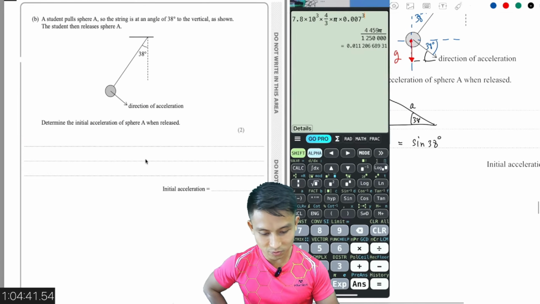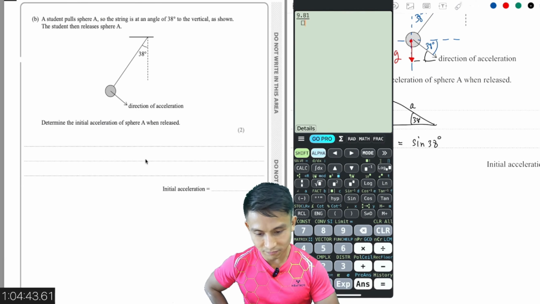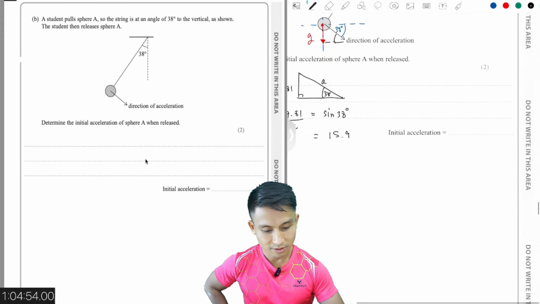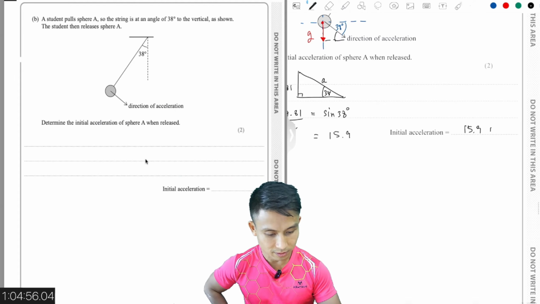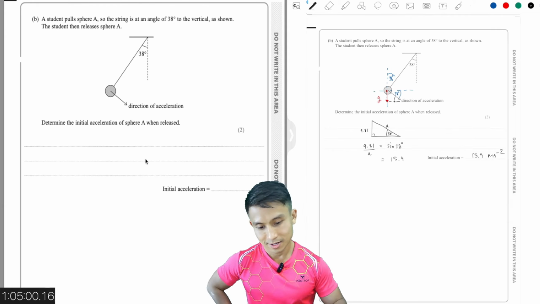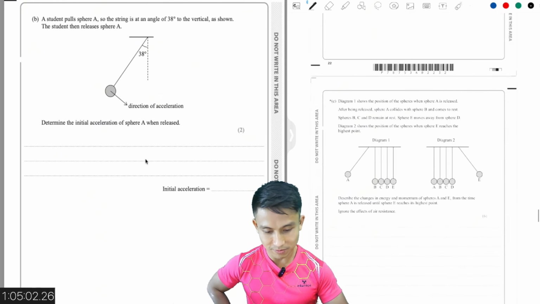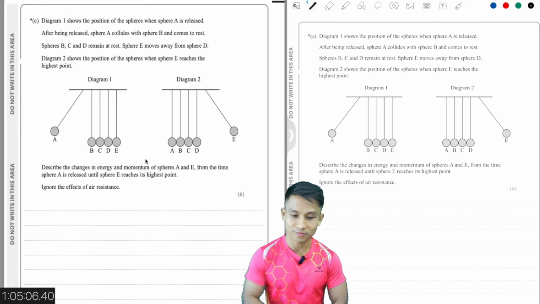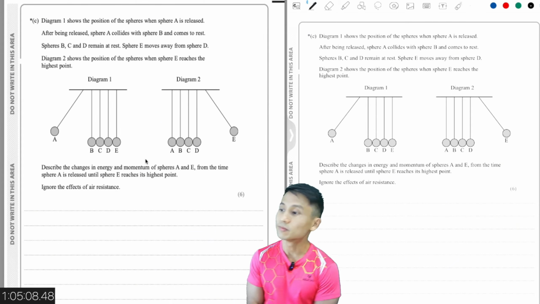So a would be 9.81 divided by sine 38, this is radians, let's change it to degrees. I'm just going with 15.9, all right? Maybe I'm not too convinced with that, but that's the best shot I can give you.